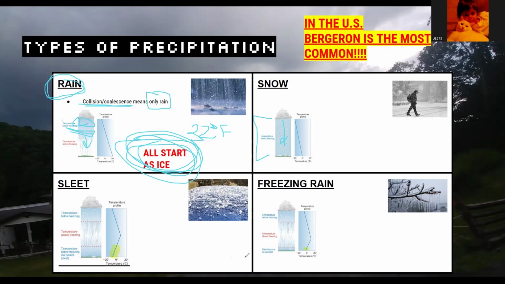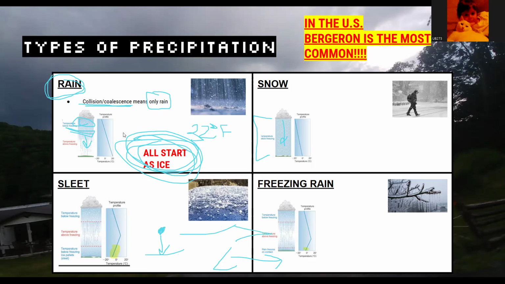Now, sleet and freezing rain, these are the two that people could get mixed up because they are similar. But as you can see, the difference is just between the graphs. This point here, it's ice and then above freezing and then below freezing again. So what can happen is water, when it's falling, if it hits a surface that's frozen, it will freeze to it.